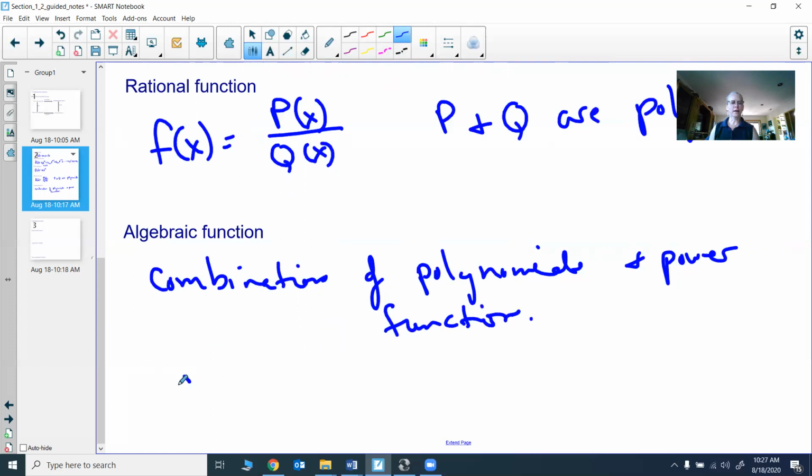Something like f of x equals the square root of 4x squared plus 3x plus 9 is an algebraic function because we have a polynomial inside of a square root. So that's what we call an algebraic function.